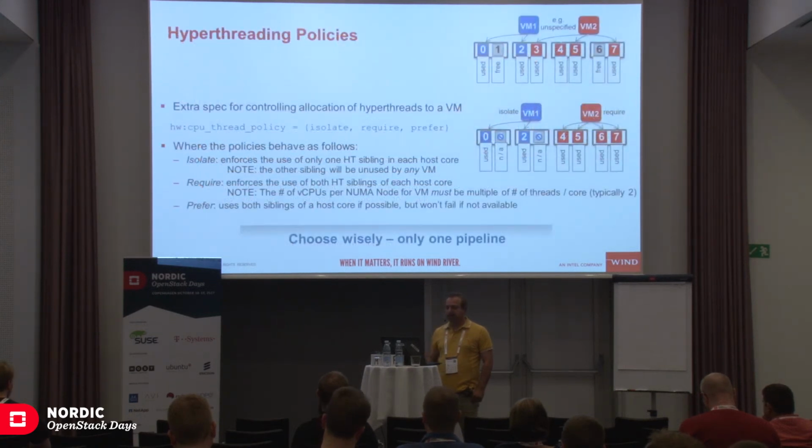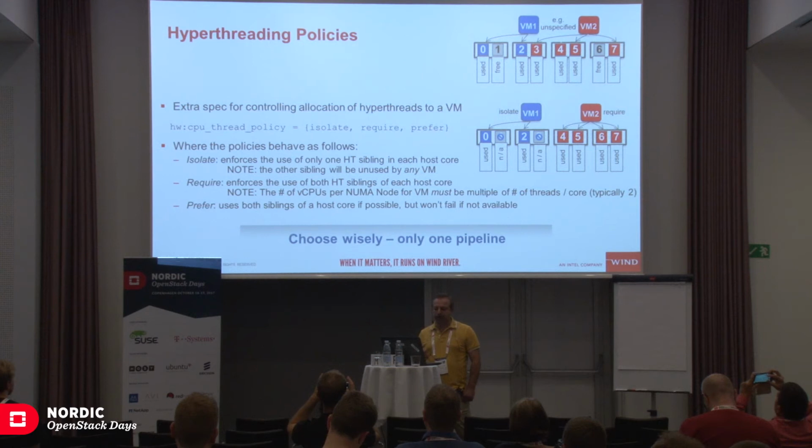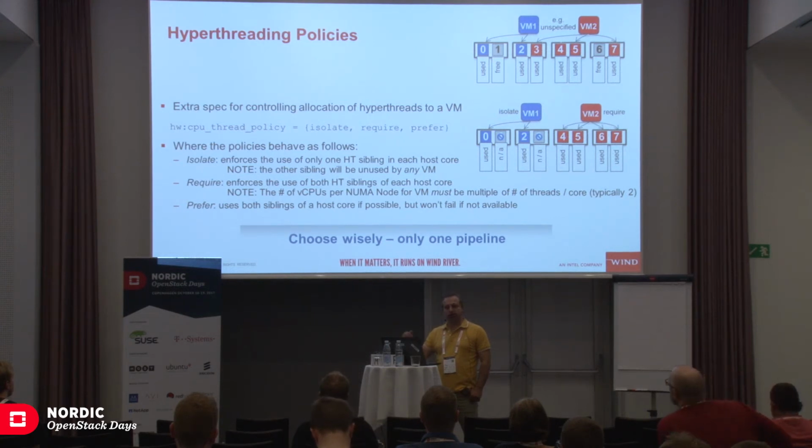Now some details about hyper-threading, which I talked about, and how you can use it. You have three different thread policies to set. One is isolate. That means you're going to use one of the two sibling cores, and the second one is isolated: nobody can use it. So you just use one core, and the other one is not used in the host.